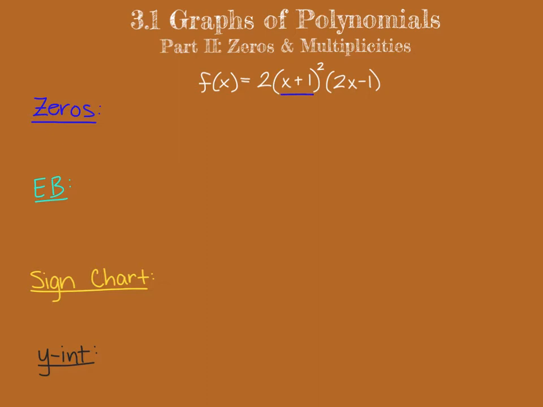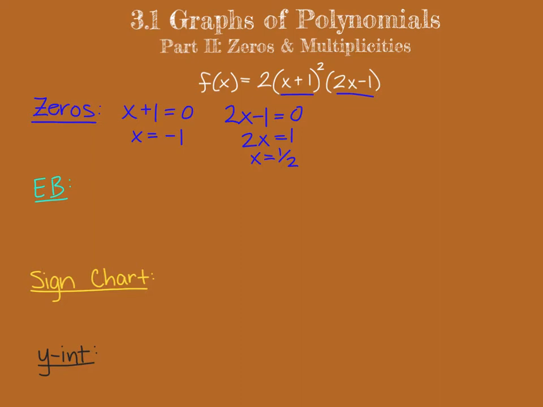So in order to find the zeros, we set each factor to 0. And then we'll set this one equal to 0. So our zeros are -1. And then for this 0 right here, we add 1 and divide by 2. So -1 and 1/2 are the two spots where this polynomial either hits or crosses the x-axis.